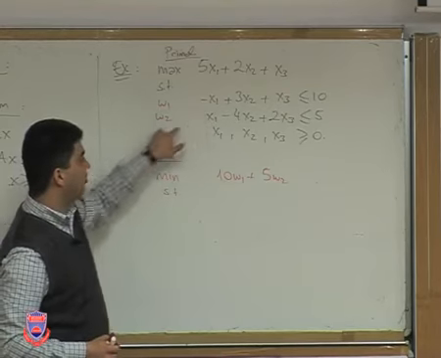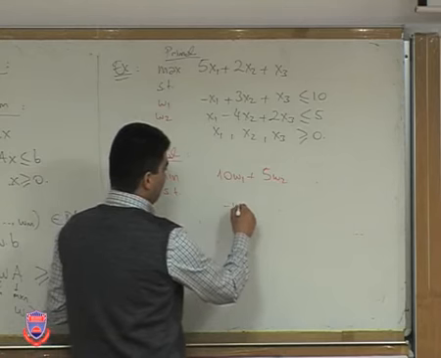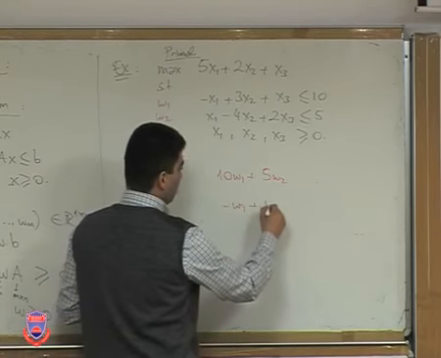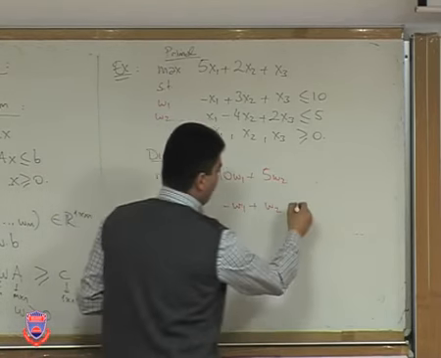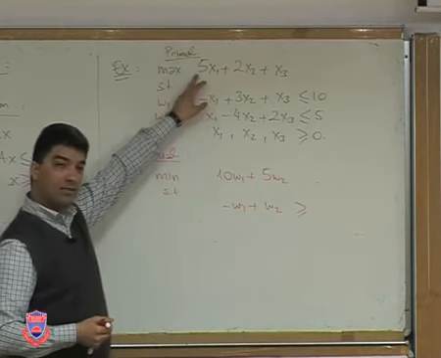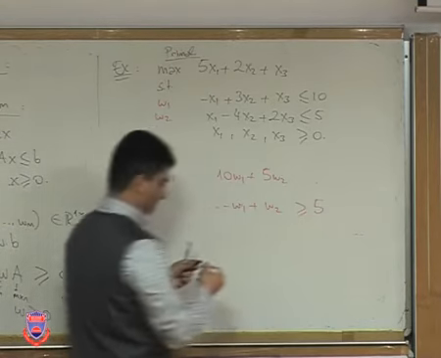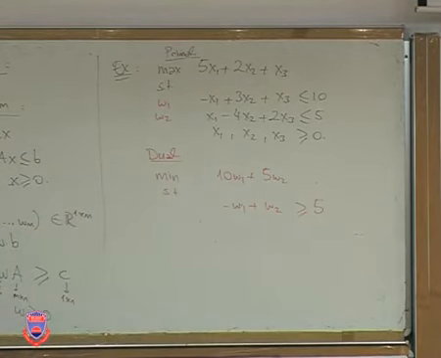So I have minus W1 plus W2, greater than or equal to C1. What is C1? C1 is equal to 5. So this is the first constraint of the dual problem.